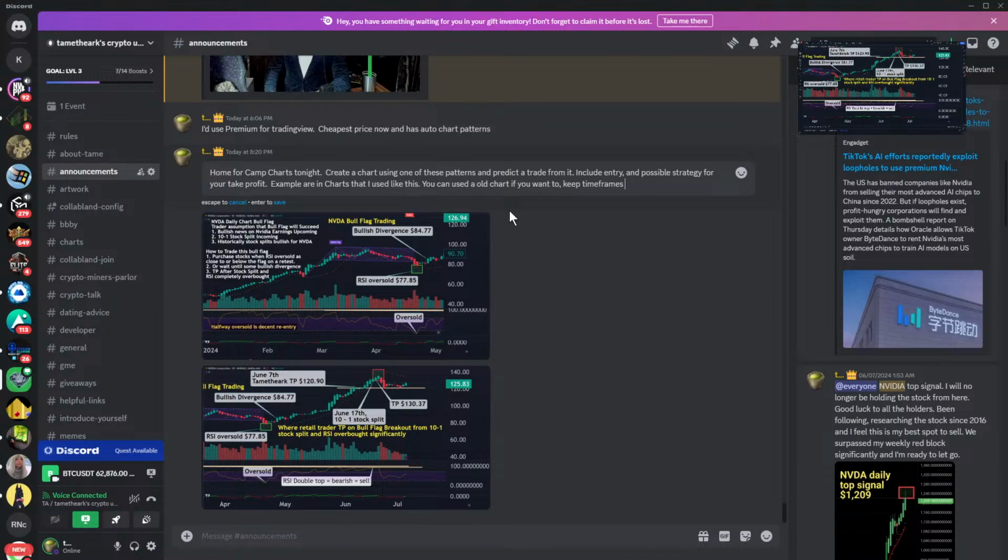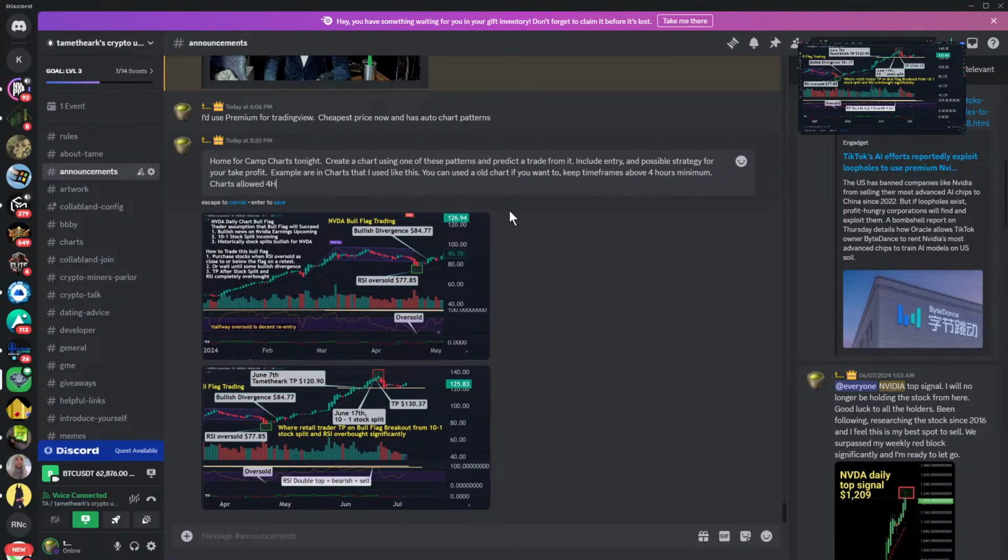Keep time frames above 4 hours minimum. So 4 hour, daily, and weekly are good time frames for these chart patterns to combine with other indicators and patterns.